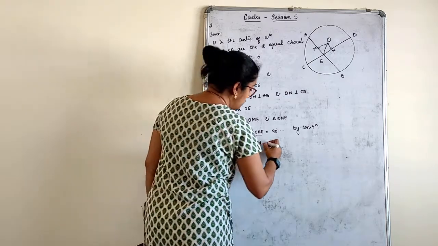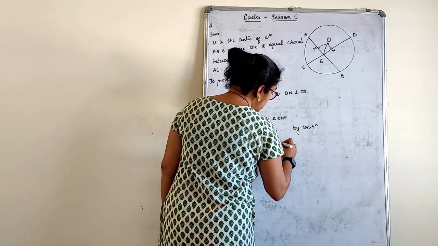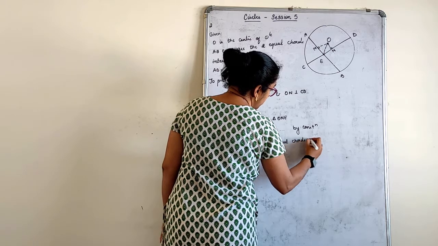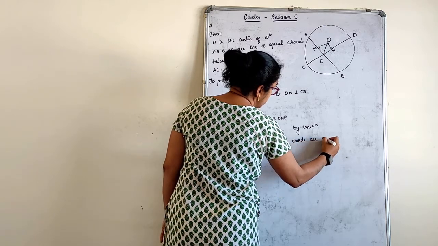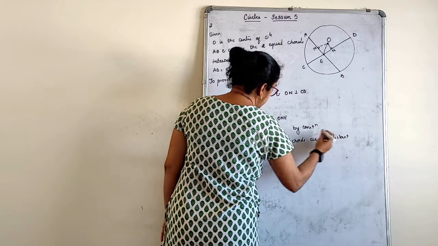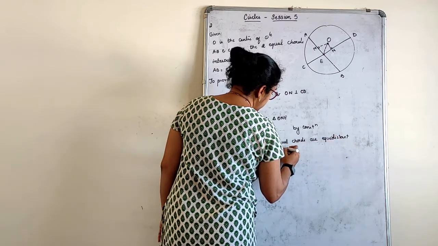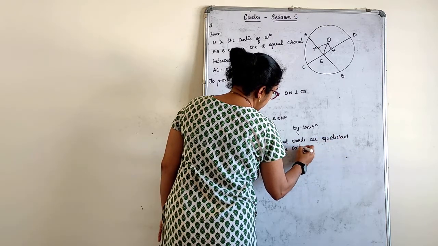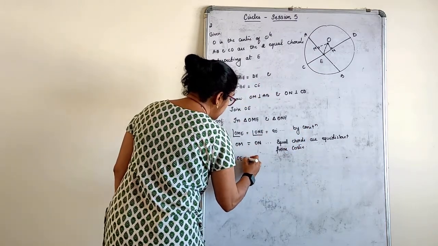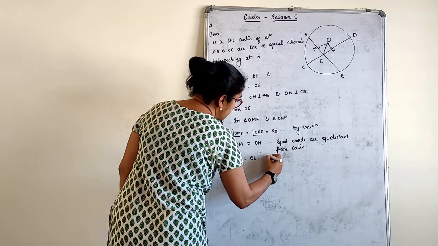That is what we will use here. Equal chords are equidistant from center. Then next, OE is equal to OE, common side.